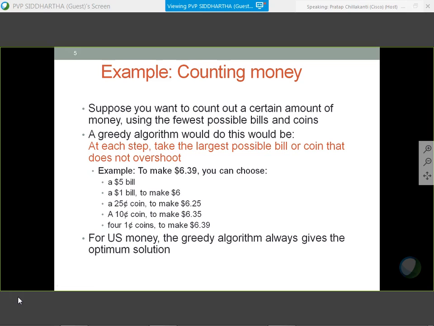Here is another interesting example. Since I am in US, I'm used to dollars, right? That's why you see everything in dollars and cents and all that. Okay. So what is the example here? You want to count some money, and you always want to do it counting the fewest possible bills and coins.